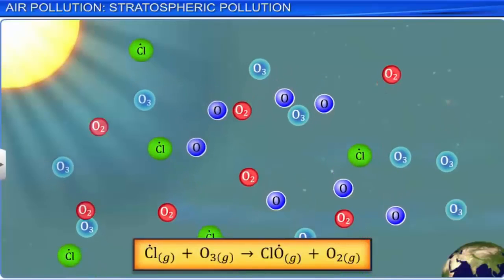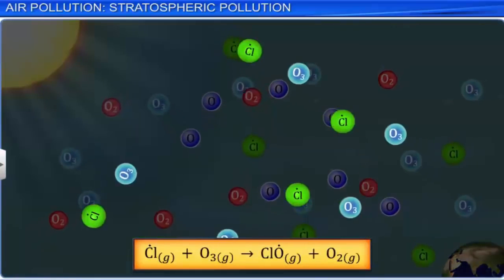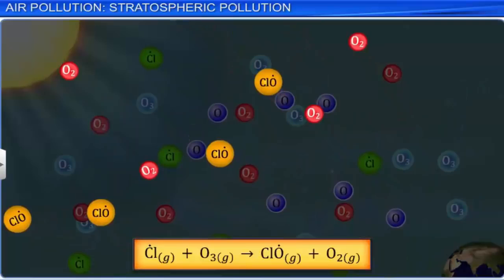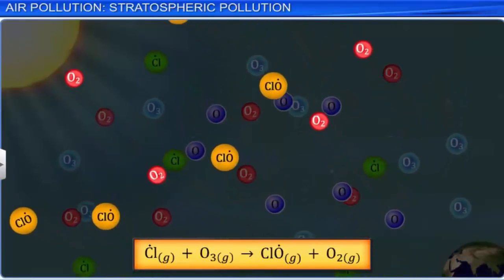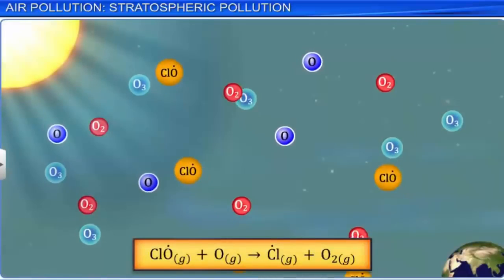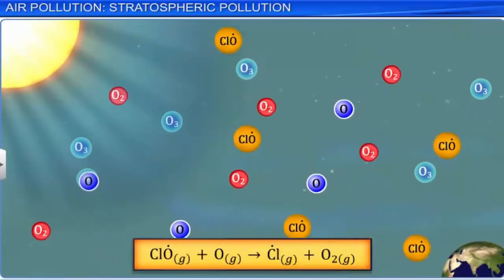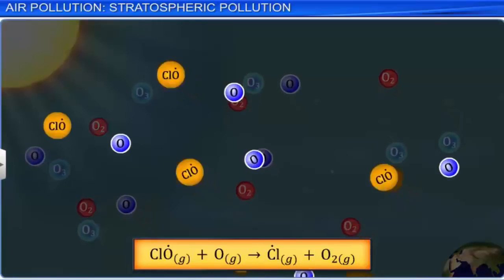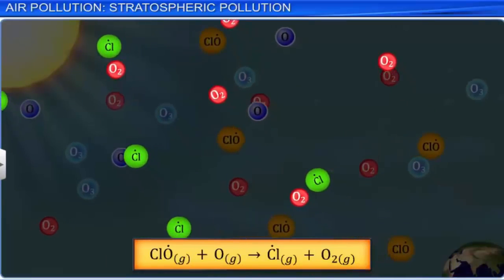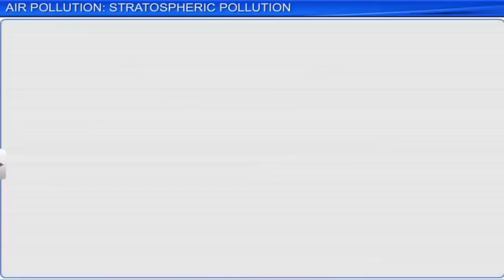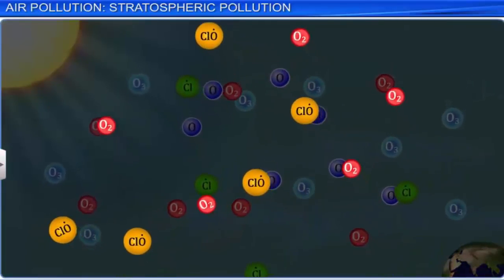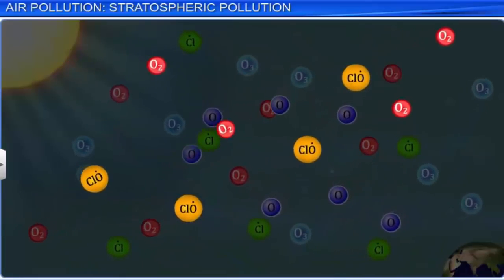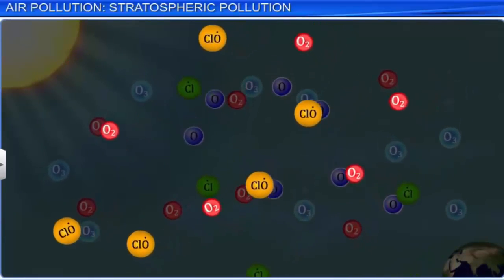These free chlorine radicals react with the ozone and form chlorine monoxide radicals and oxygen molecules. The chlorine monoxide radicals form even more chlorine radicals by reacting with nascent oxygen. Thus, the chlorine radicals are constantly regenerated and they keep reacting with the ozone to form chlorine monoxide.